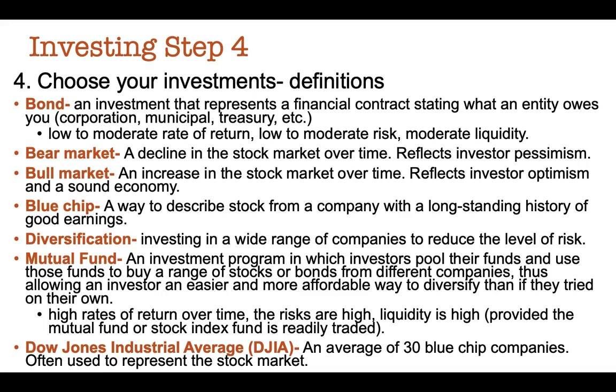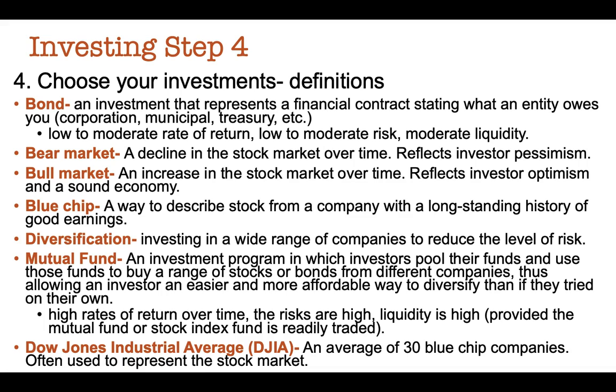The Dow Jones Industrial Average, also called the DJIA, or some people just call it the Dow or the Dow Jones, is an average of 30 blue chip companies and their stock prices over time. A lot of times when people say, oh, the stock market is down today, what they actually mean is that the Dow Jones Industrial Average is down in a given day, typically expressed as a percentage on whether the stock prices for those 30 companies went up or down.